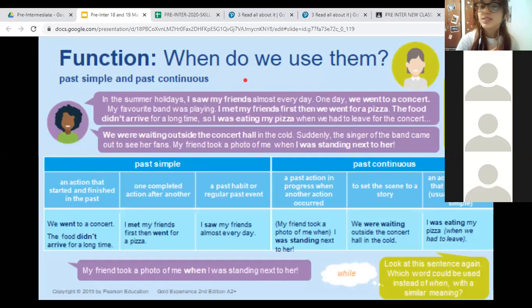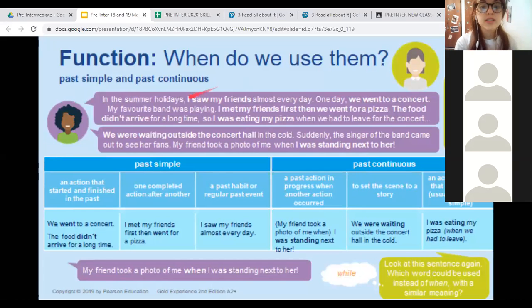The food didn't arrive for a long time, so I was eating my pizza when we had to leave for the concert. We were waiting outside the concert hall in the cold. Suddenly, the singer of the band came out to see her fans. My friend took a photo of me when I was standing next to her.